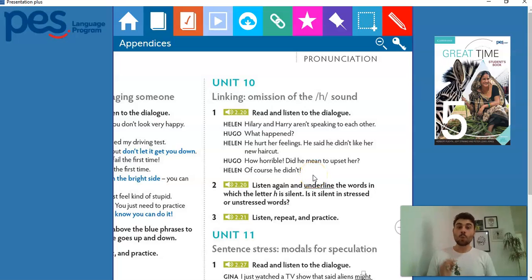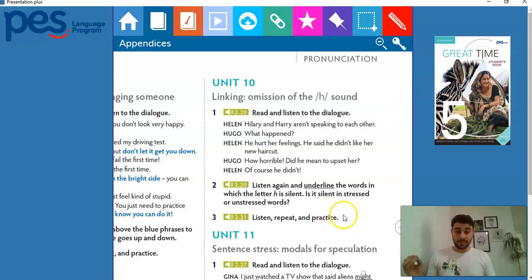Okay, now what I am going to do is play the same conversation again, and this time I want you guys to try to understand, and if you can, underline, just like here, the words in which the letter H is silent, when the sound doesn't appear as strong as it is usually pronounced, okay? And after, we have another question here.